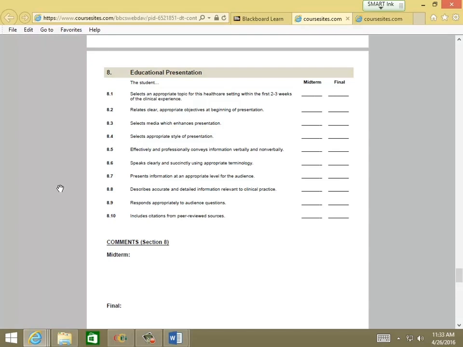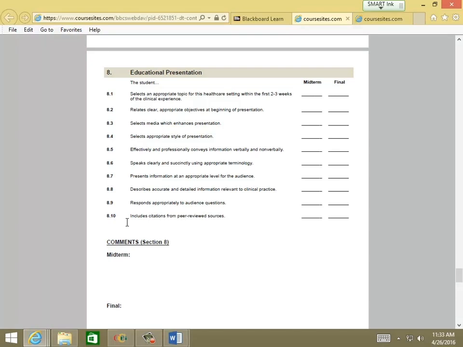We do ask that our students try and get an in-service topic picked out early on in the experience, certainly by the midterm. We love for them to get input from the site on what topics may be of interest to your staff, so that the student can be providing a valuable resource as they do their in-service. We do ask that students use at least 2 peer-reviewed research articles so that their in-service presentation is evidence-based.